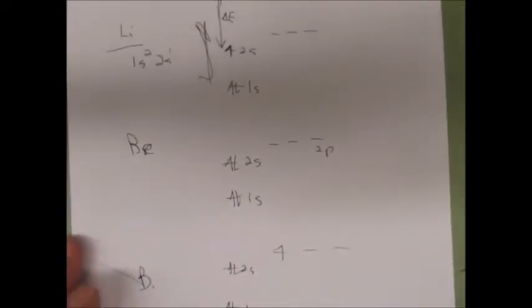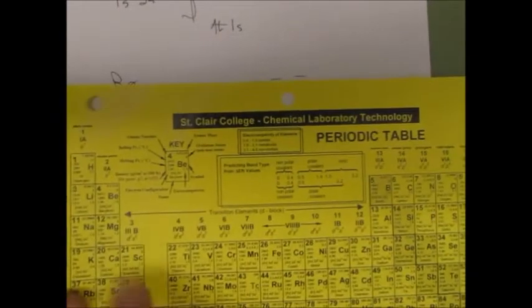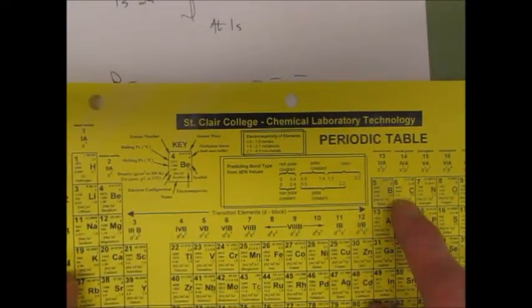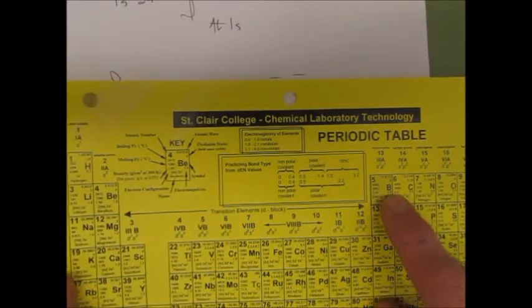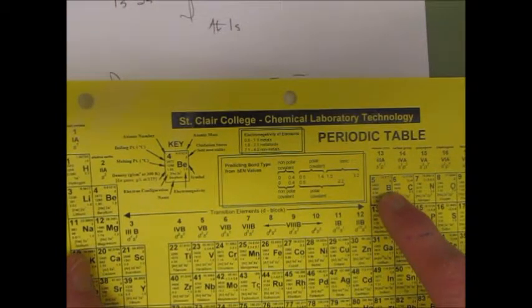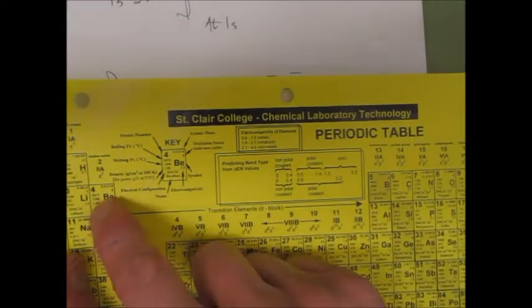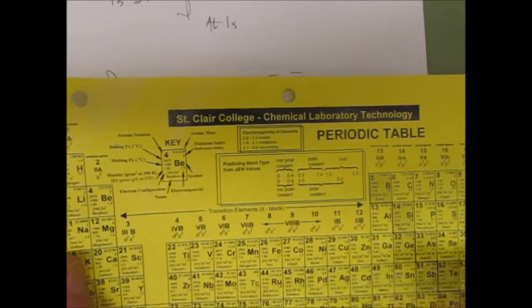I think you could see, if someone's going to estimate, as you go across, the generic trend is that it should become harder to knock one electron out because the number of protons in the nucleus is going up. So one of these electrons, in an average sort of way, is feeling and seeing more than beryllium.